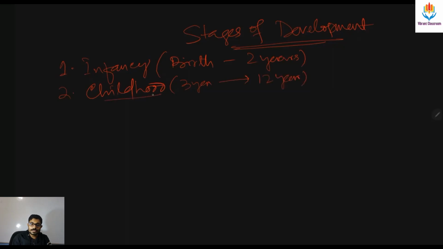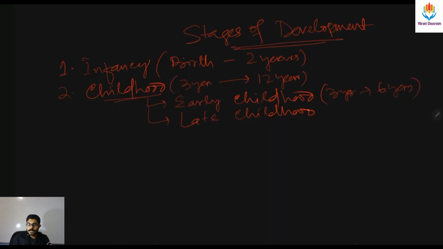Childhood is again classified into 2 parts, early childhood and late childhood. Early childhood is from 3 years to 6 years, and late childhood is from 7 years to 12 years.